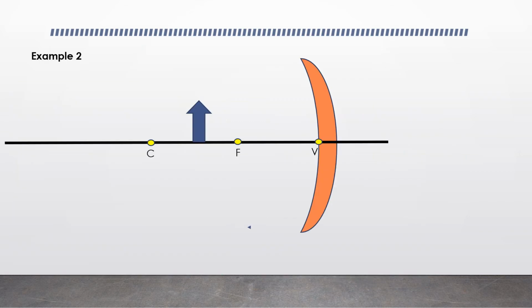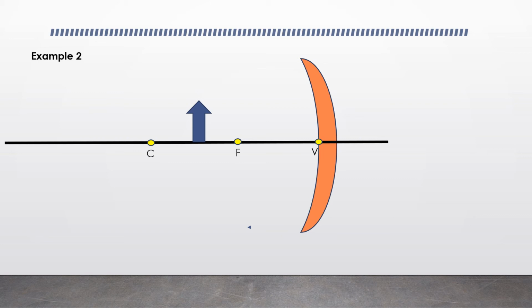Okay, so let us have another example. If the object is located between C and F, how will you describe the image formed?